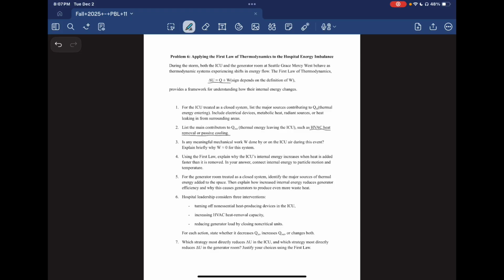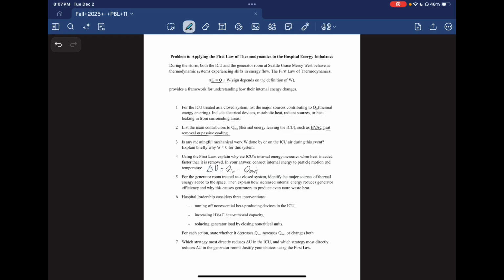Using first law, explain why ICU's internal energies increase when heat is added. So with the first law, you can say that delta U also equals Q in minus Q out.